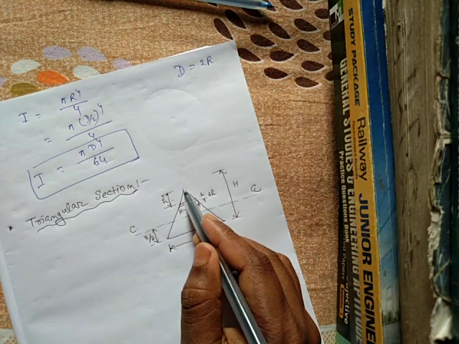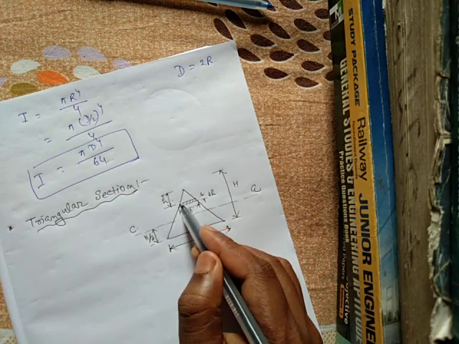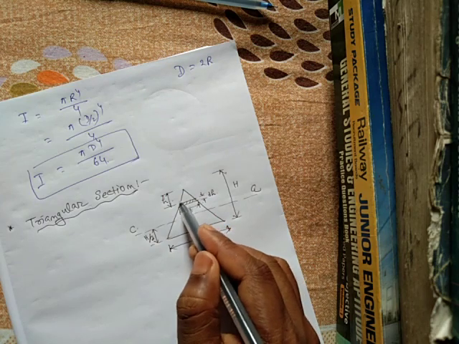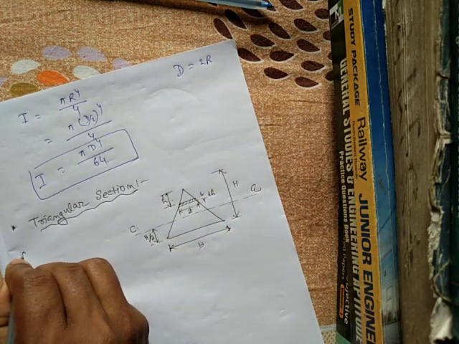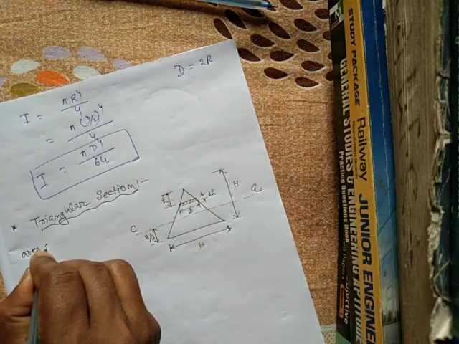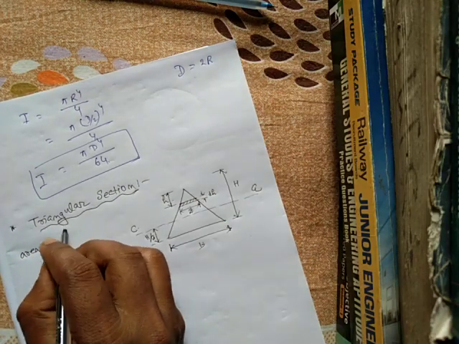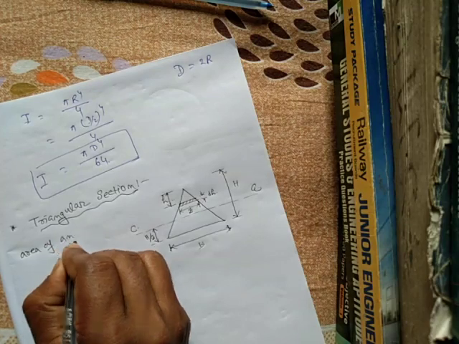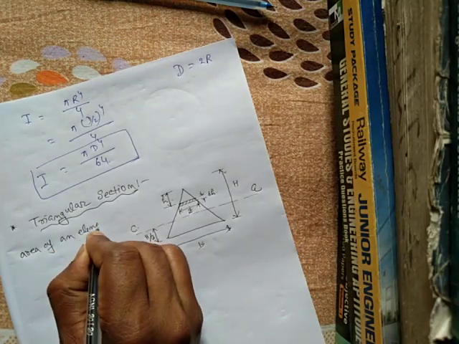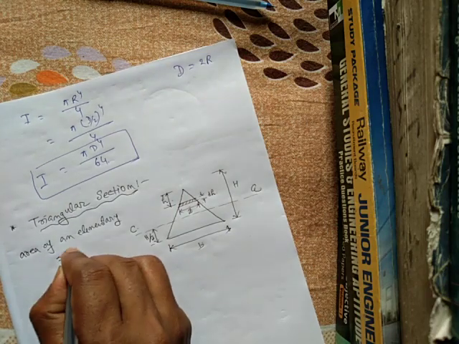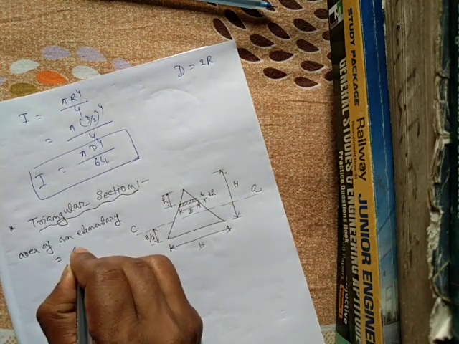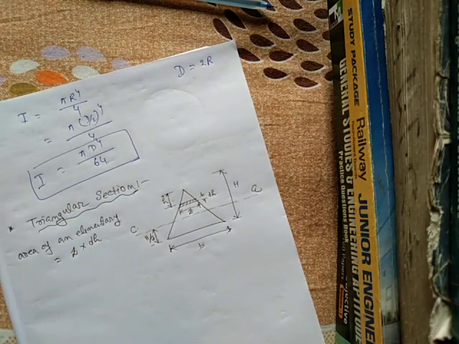This is the apex point. So the area of the elementary strip is z into dh.